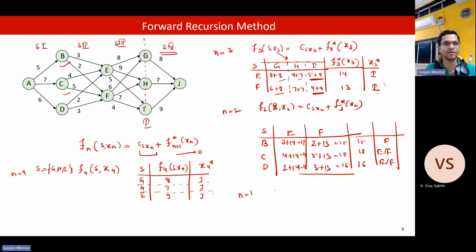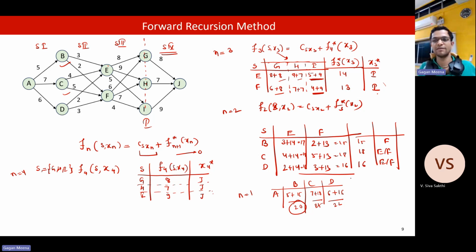For n equals 1, we have only A, and options are B, C, and D. From A to B it's 5 plus, and the cost for B is 15. From A to C is 7 plus 18. And from A to D is 6. This is 20. This is 25. This is 22. So this is the minimum, right? B is giving us the minimum.